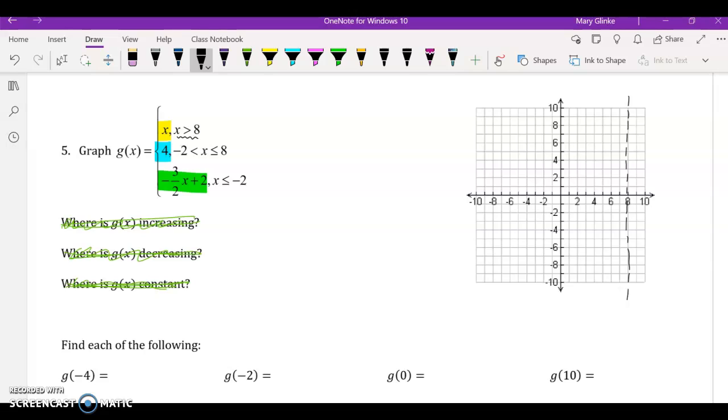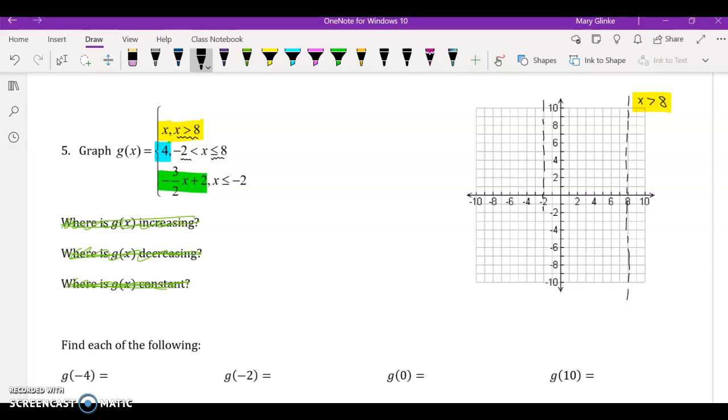And this top one is saying you want everything greater than 8 for your x values. So that's going to correspond with everything on the right half of that graph there. For the next one, I see my boundary happens at 8, but then also at negative 2.